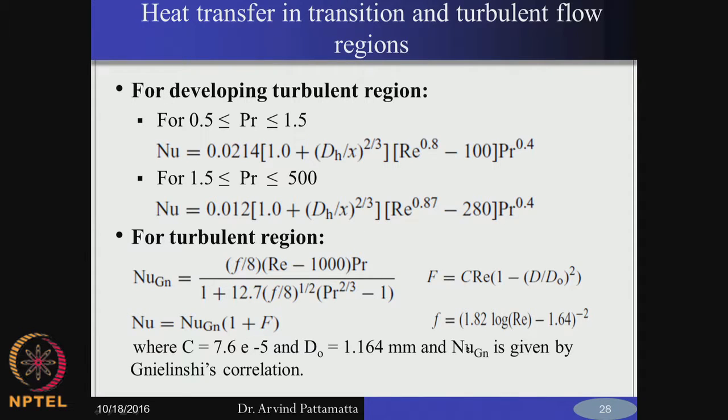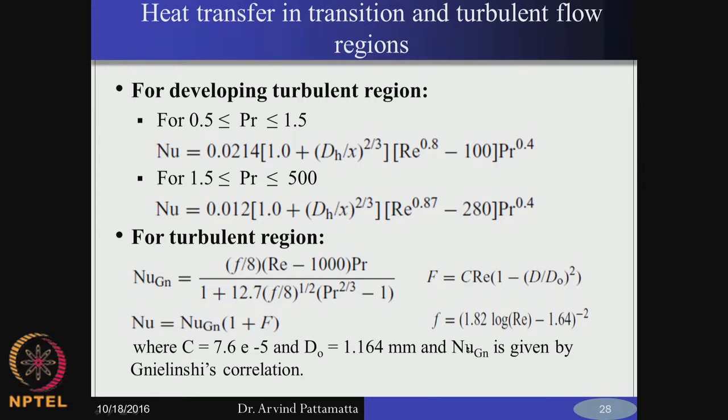Okay. For developing turbulent regime you use these appropriate correlations, and for fully developed turbulent regime, this is the correlation by Nielinsky. So, these are standard correlations available for macro channel heat transfer for turbulent flows. So, this can be used for a wide range of Reynolds numbers.